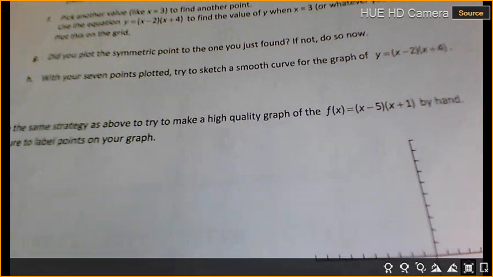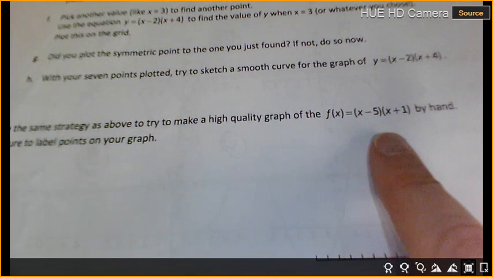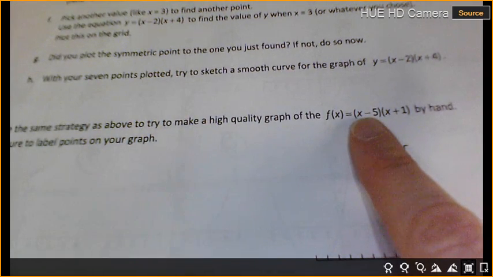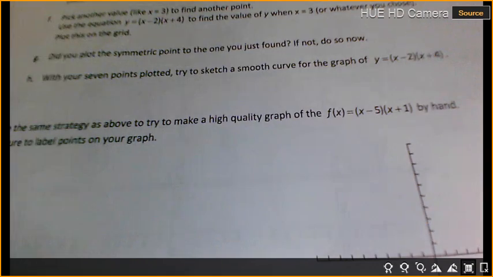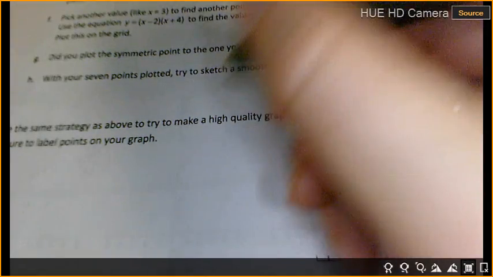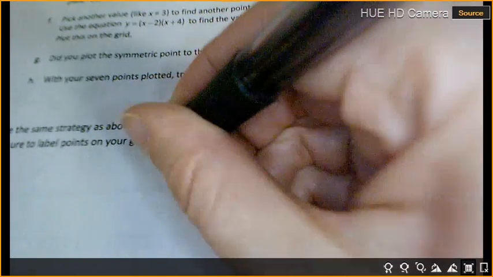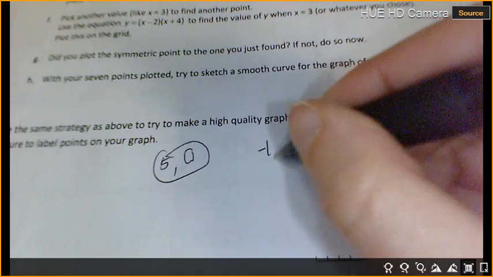Okay, first steps, I've got f of x or y. Remember, f of x and y are the same thing. (x minus 5)(x plus 1). What are my x-intercepts or my zeros or my roots? It's 5, so I've got 5 comma 0 is one point, and negative 1 comma 0, correct?